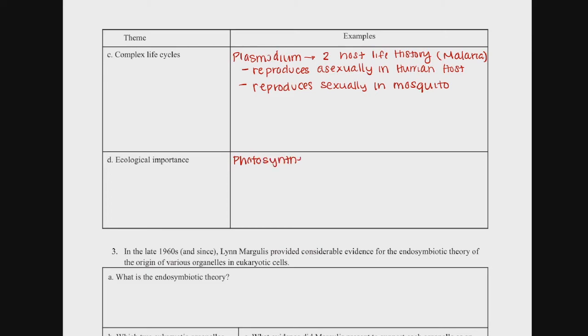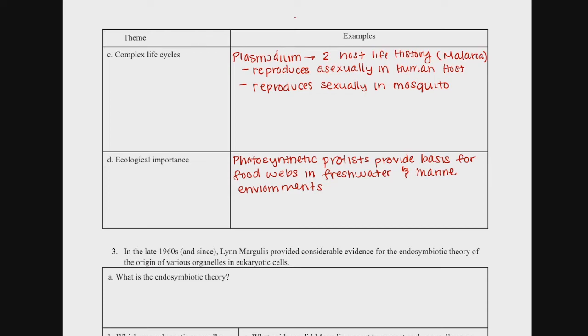They're photosynthetic. That's just one example. Another example is that there are fungus-like protists that are really good at recycling organic matter, which is great for our ecosystem.